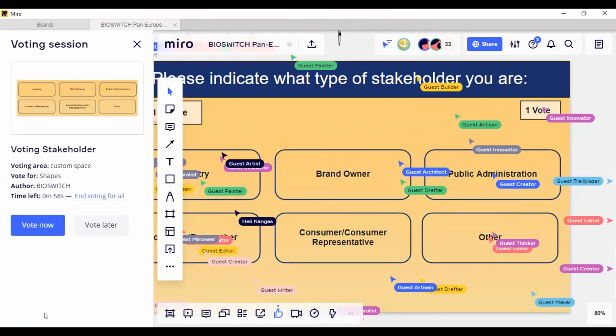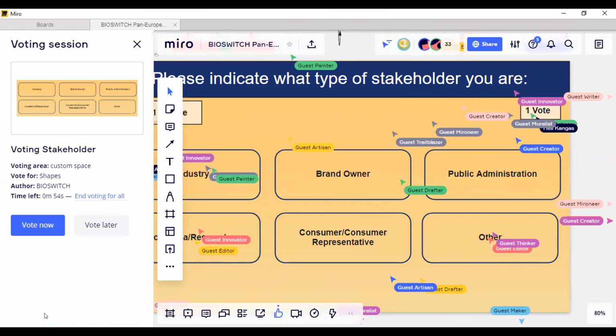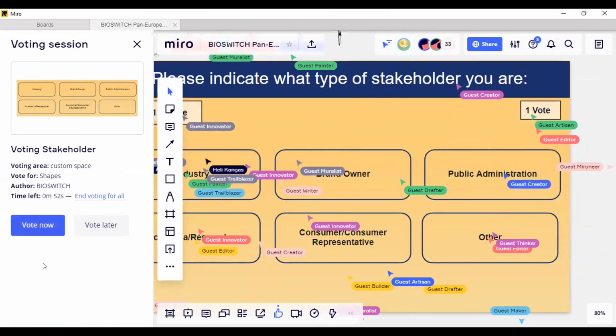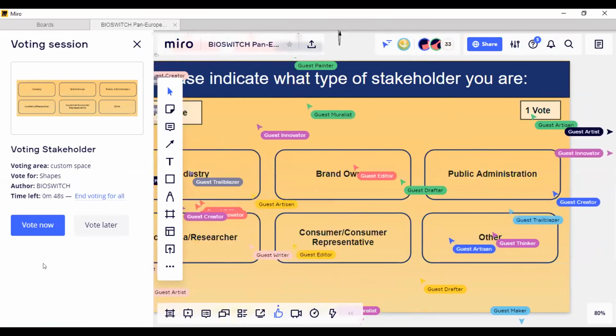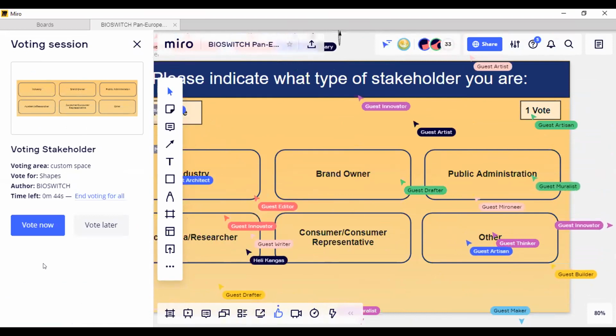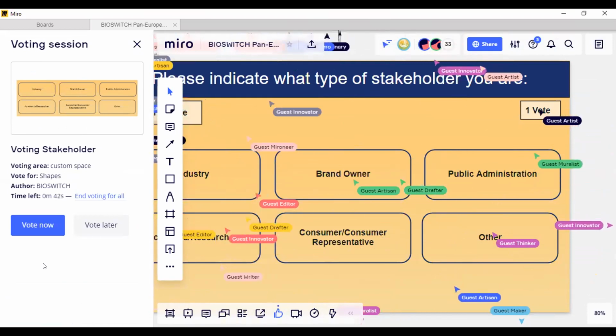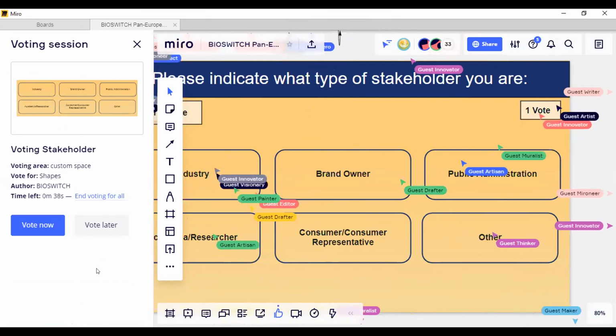You can press the vote now on the right side of your screen, and to select your option, you press the plus icon on the option you would like to select. So that is one vote to select the option that best fits what type of organization you are, please. When you are finished, you can press done.